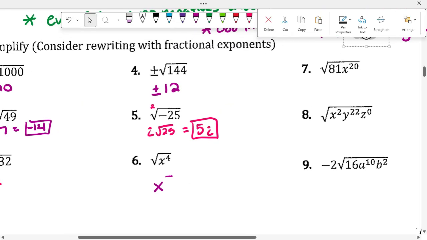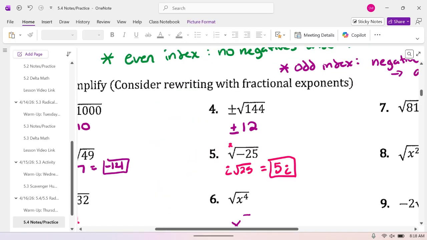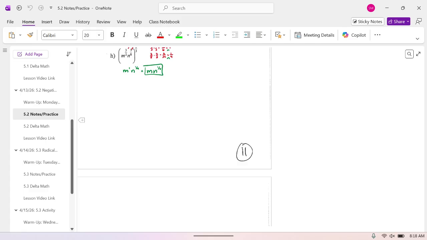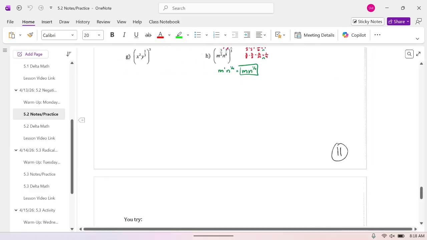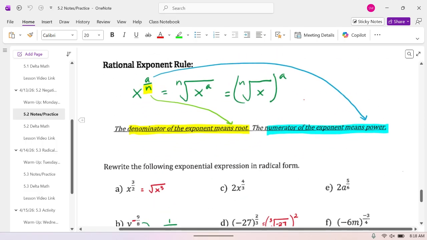Okay. All right. Guys, it really ticks me off when I already taught you this and you can't tell me. So if you go back to your notes right here, how do I go from a radical to a fractional exponent?